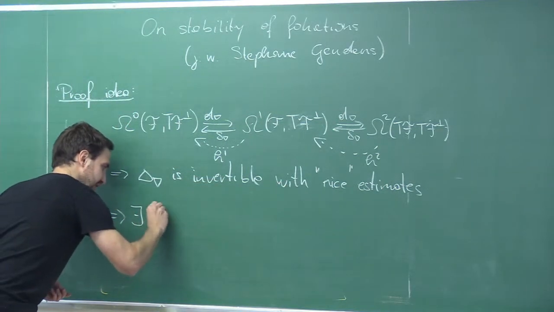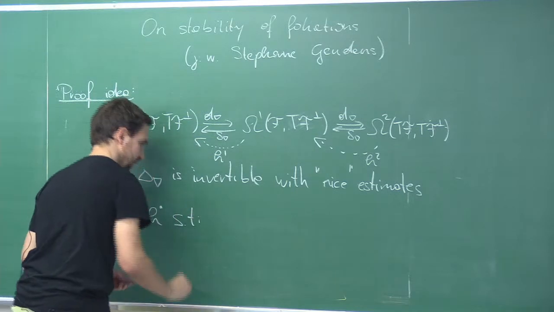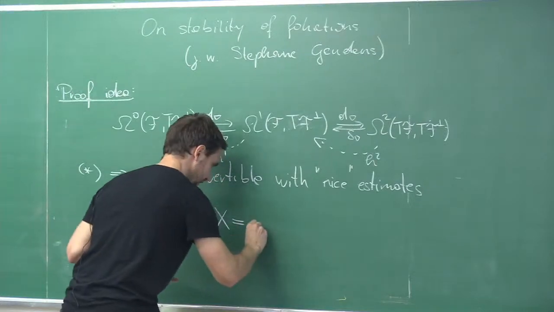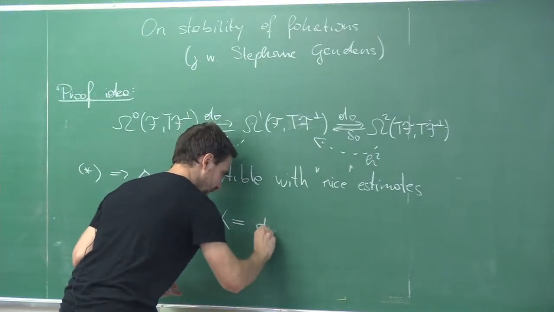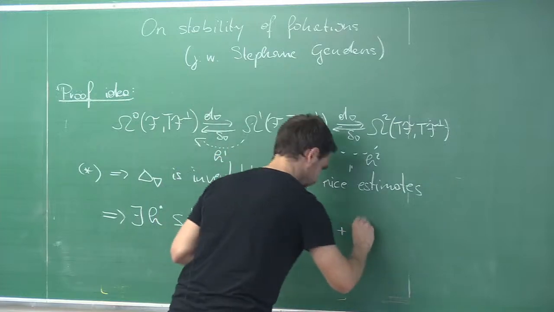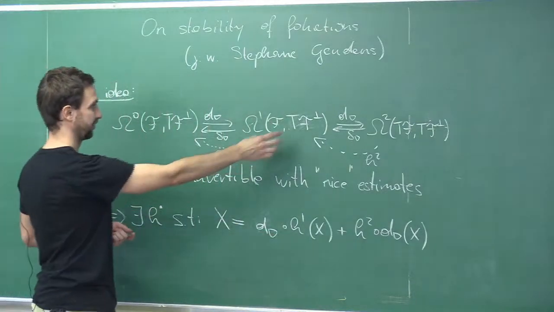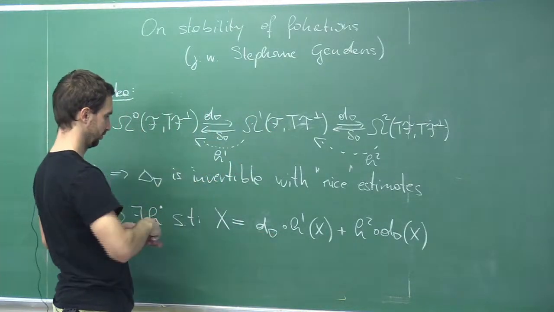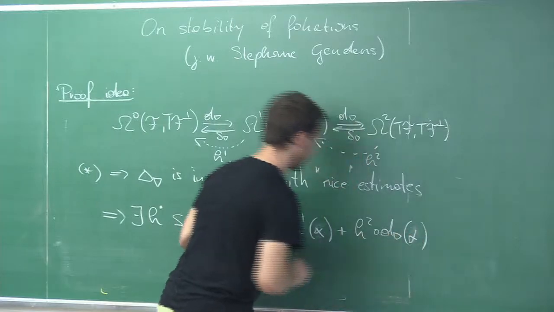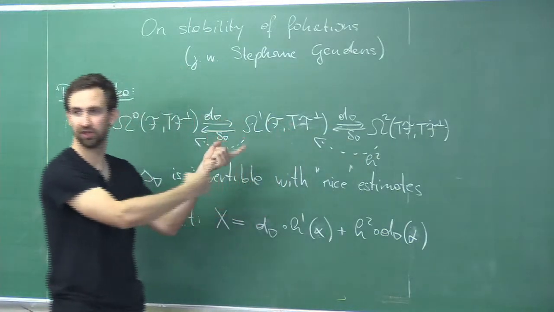So there exists H dot, as pointed out here, such that X can be written as d nabla composed with H1 of X plus the other way around, H2 composed with d nabla of X. So if we start here and we go down with H1 and up again, plus going first up and then down, we end up with the identity.